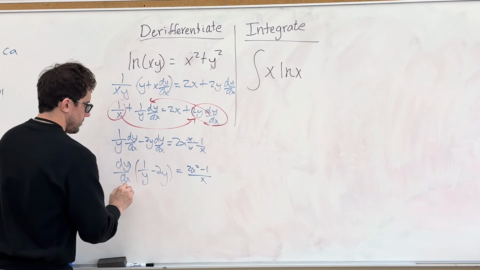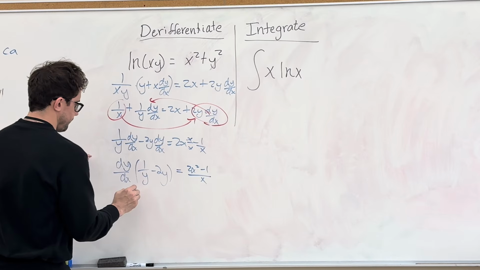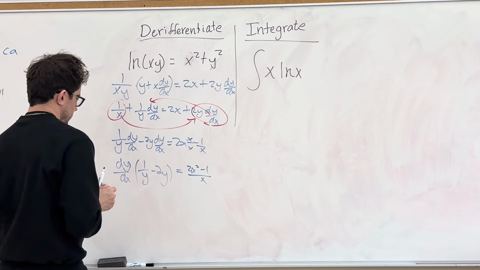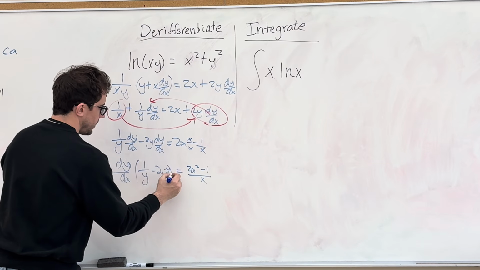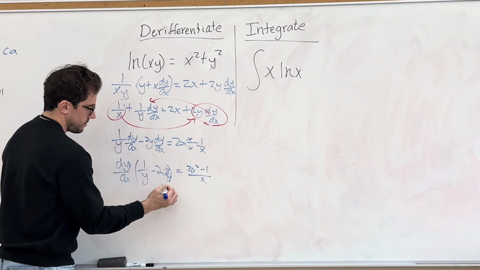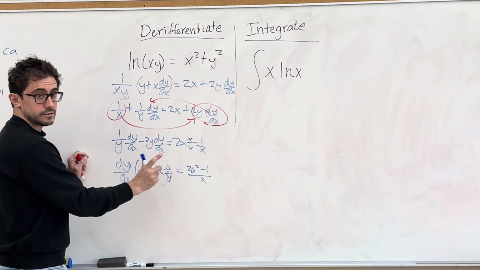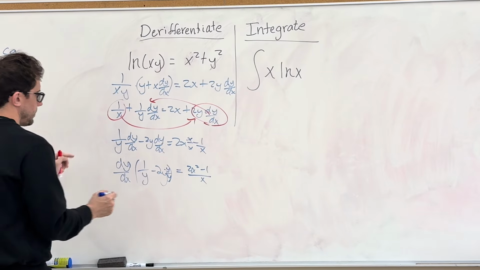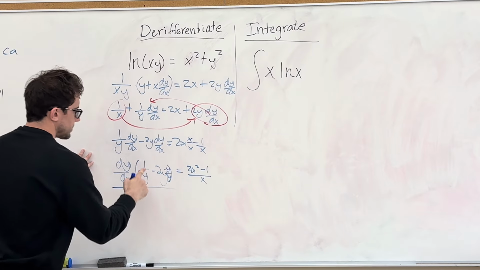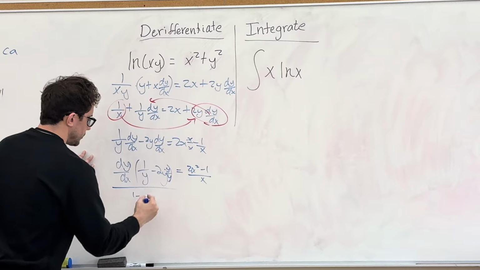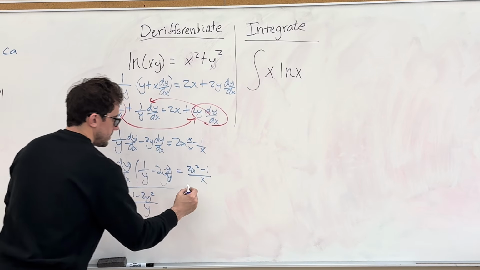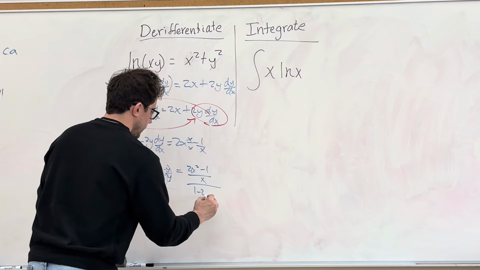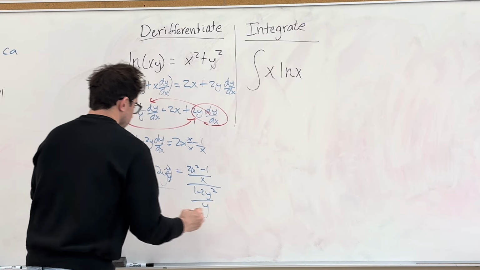And even this, we could multiply by y over y to get it all onto a common denominator with just one term. And so maybe that's a wiser move. Let's divide both sides by 1 minus 2y squared all over y.